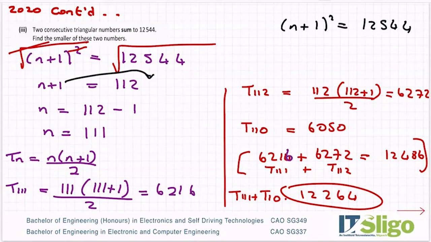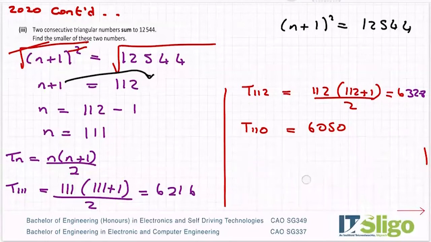So 6216 plus 6272. I definitely can't multiply this morning. Okay, 6328 plus 6216. 12544.